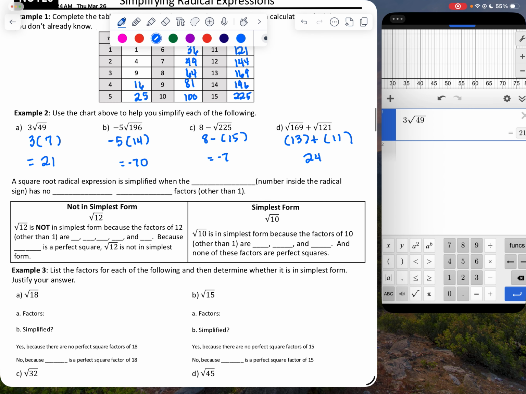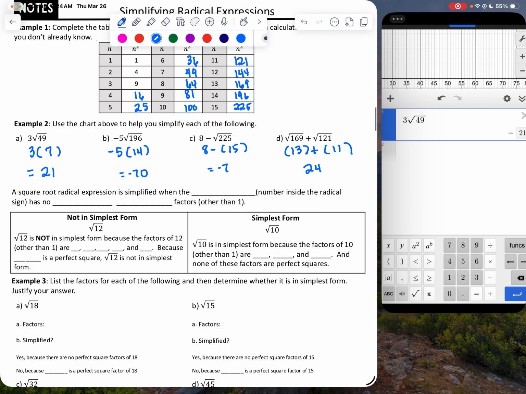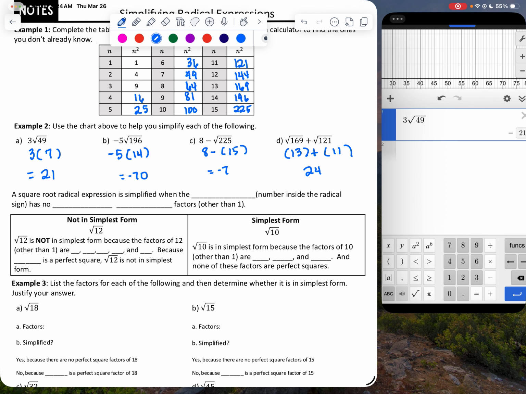Now, a square root radical expression is in simplified form when the radicand, in other words, that is the number under the square root symbol, those are our radicands.